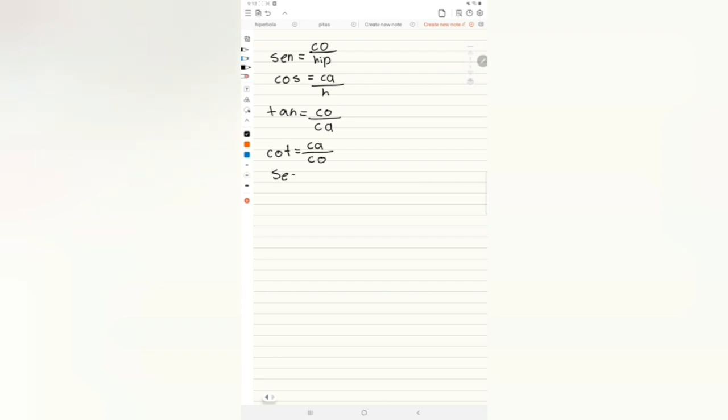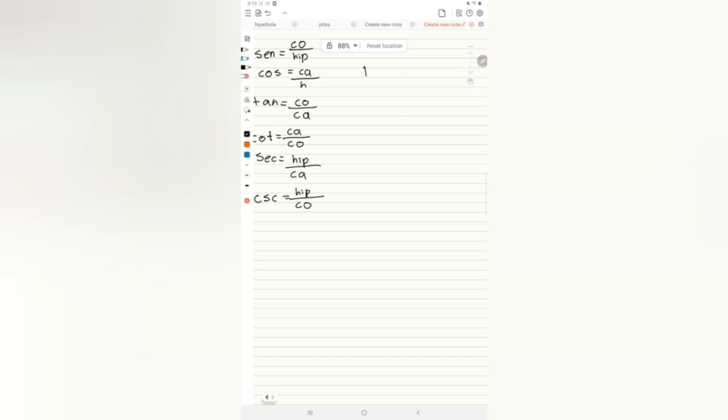The secant is equal to the hypotenuse divided by the adjacent leg, and the cosecant is equal to the hypotenuse divided by the opposite leg. We're going to be using this to demonstrate the quotient identities.